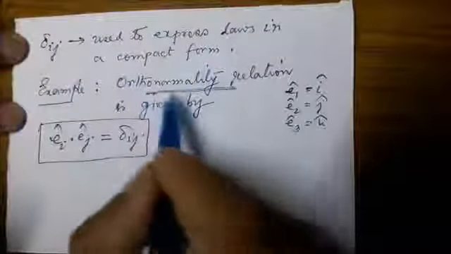in a later video. Having defined Kronecker delta symbol, let me define another symbol which is also used, and that is called Levi Civita symbol.